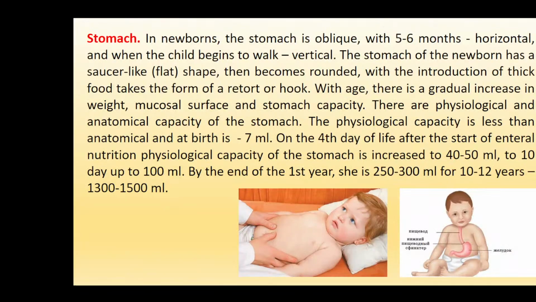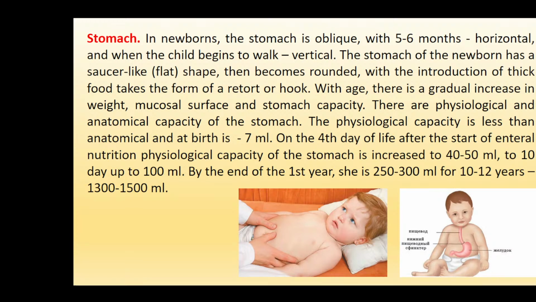The stomach in newborn is oblique, at 5 to 6 months horizontal, and when the child begins to walk, in vertical position. The stomach of a newborn has a saucer-like flat shape, then becomes rounded with introduction of thick food, taking the shape of a retort or hook.